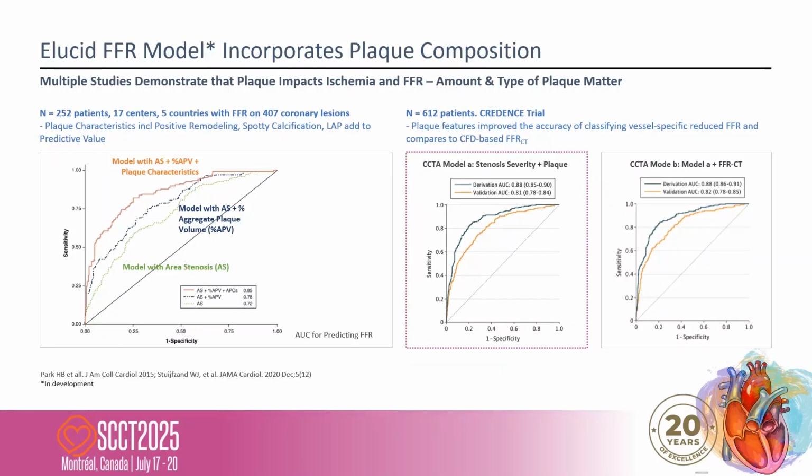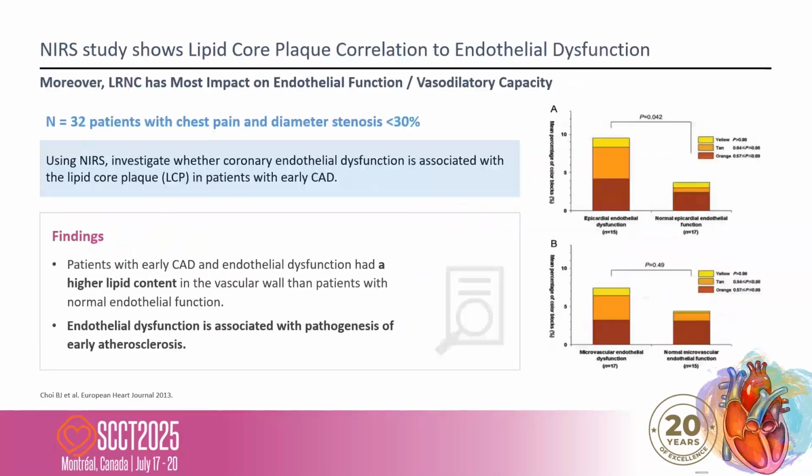Computational fluid dynamics is amazing. It does luminal diameter and does a lot of math of the Navier-Stokes equations. It doesn't take into account that there's plaque in the wall, and what we believe is that the amount of plaque and the type of plaque actually matter in the vasodilation capability of that vessel, and that dramatically impacts flow when you talk about sicker vessels. And by the way, some NEARS-IVUS shows that actually lipid-rich necrotic core is the biggest impact on vasodilation and endothelial dysfunction.